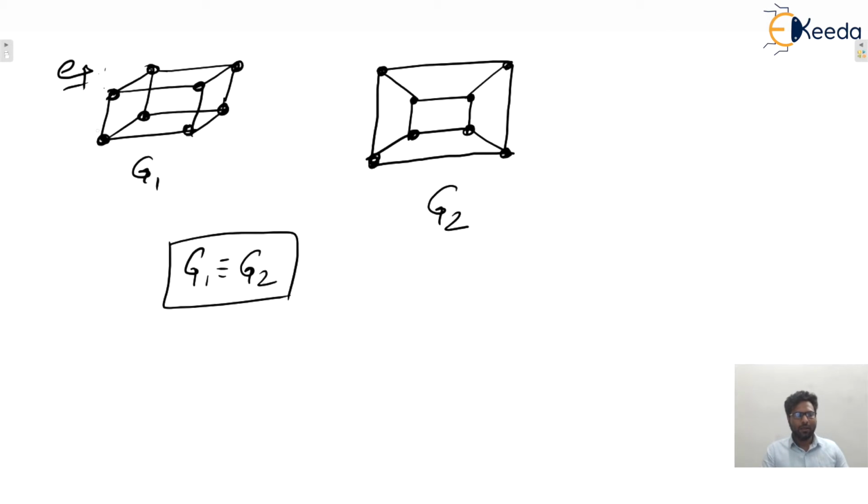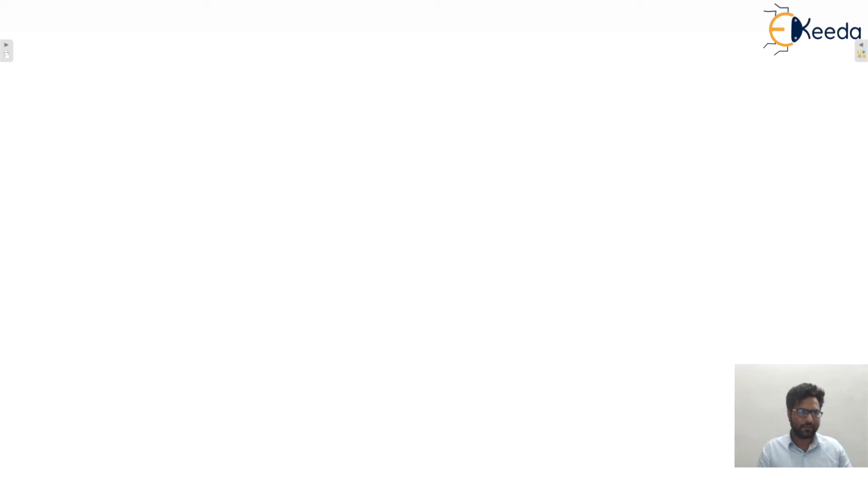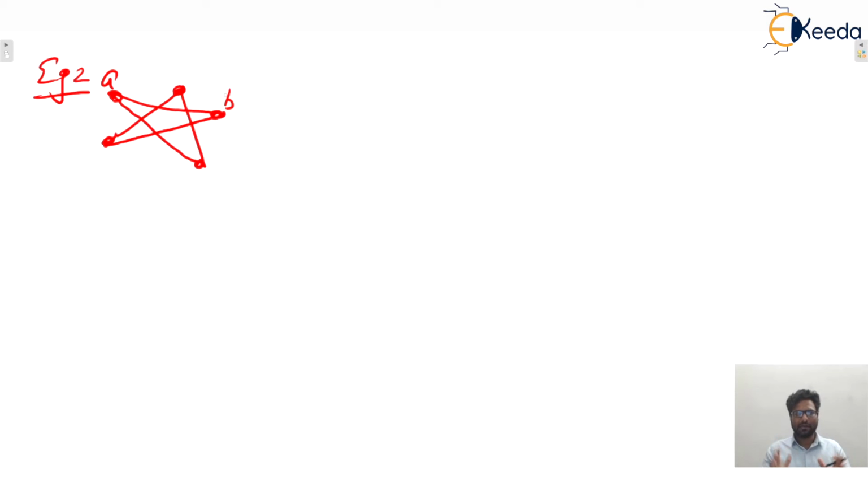Okay, nothing else. Now, next example, example number 2. Let's say this graph is given to you, a star-like structure, isn't it? Let's say these vertices are A, B. Now listen correctly.